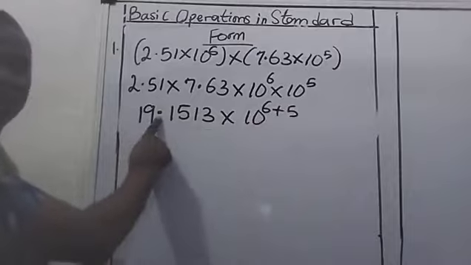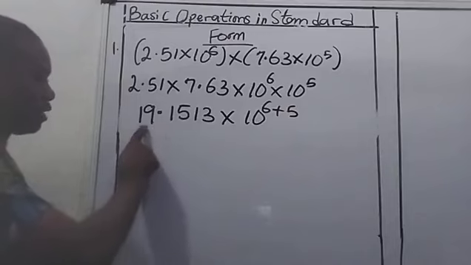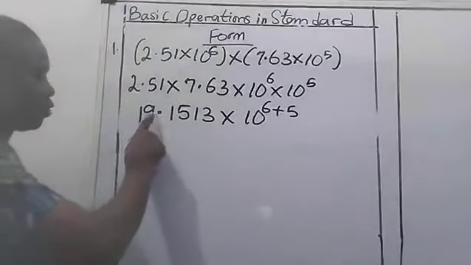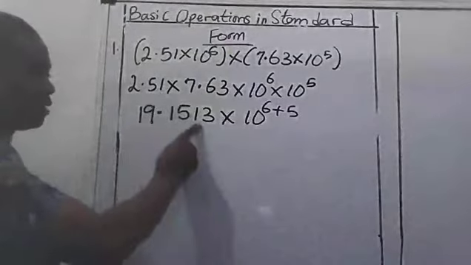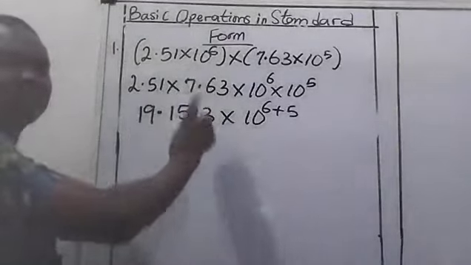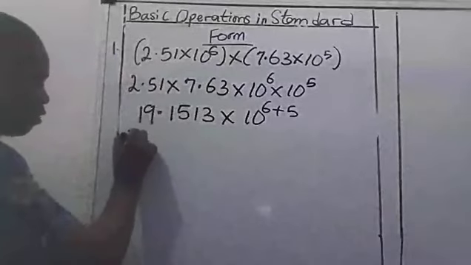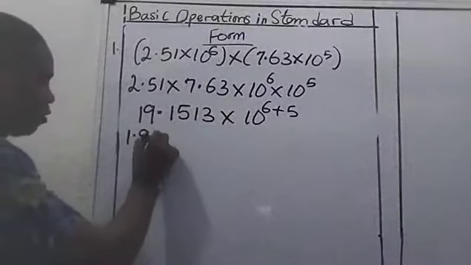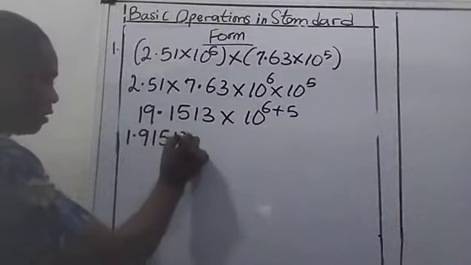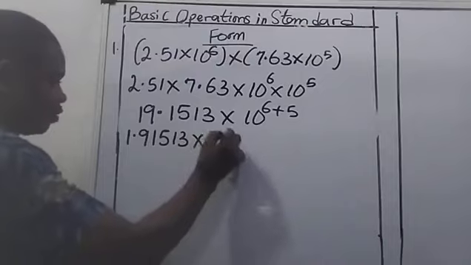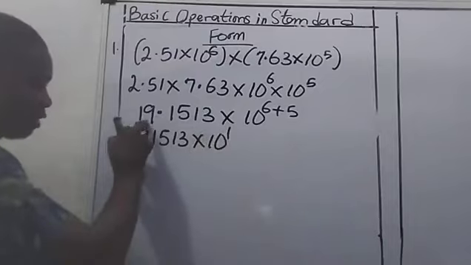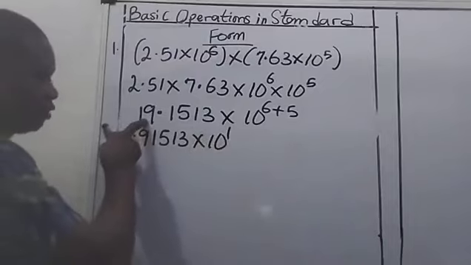This point is not in the right place, so I will have to bring it to this place. If I move it here once, I will write times 10 raised to the power of 1 again. So we have 1.91513 times 10 raised to the power 1, because I've moved the point back once.